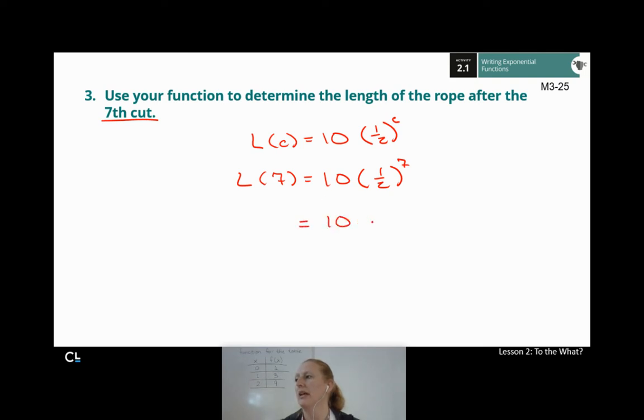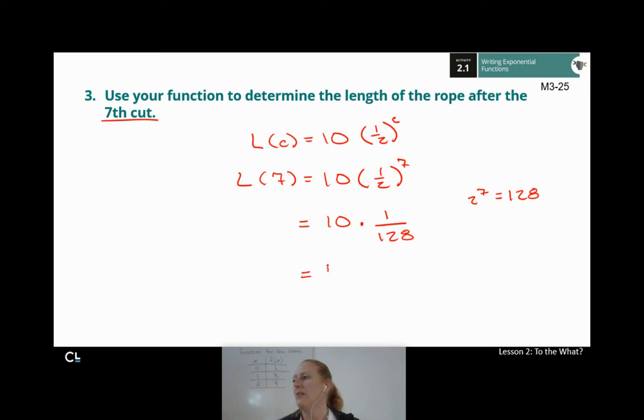So this is 10. 1 to the 7th power is 1. I don't know what 2 to the 7th power is off the top of my head. 2 to the 7th power is 128. I guess I should have known that one.